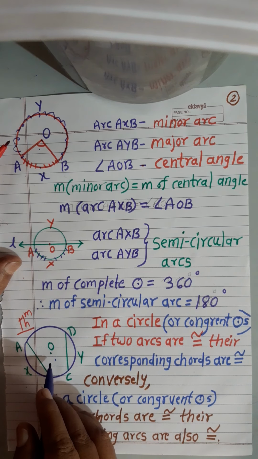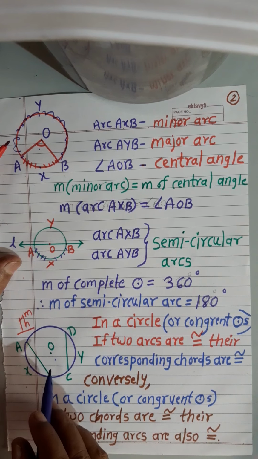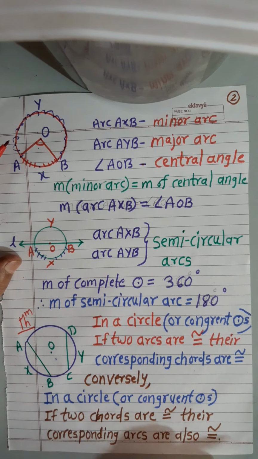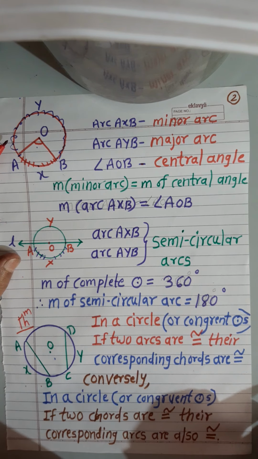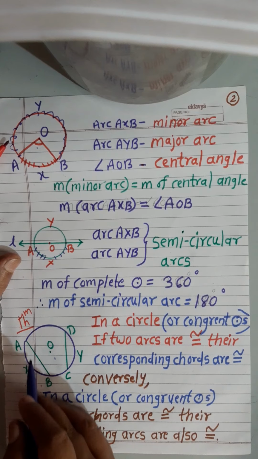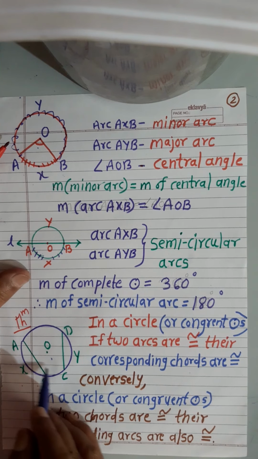In a circle or in congruent circles, that means instead of one circle we can also take two congruent circles, this theorem is true.